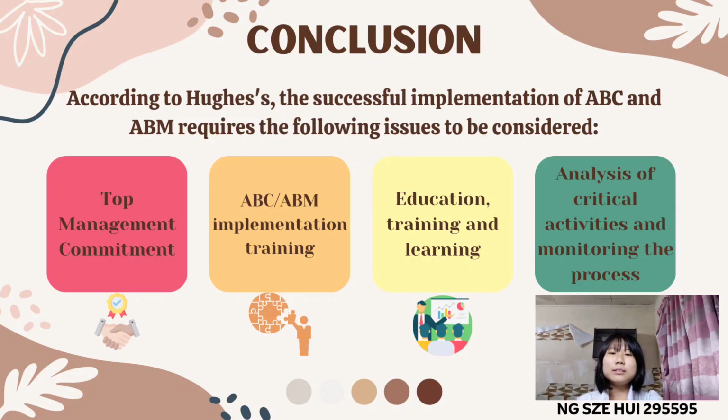Thirdly, education, training and learning highlighting the principles, capabilities, goals and objectives of ABC or ABM are required to be given to all employees. Last but not least, companies should do the analysis of activities and monitor the process when using ABC and ABM to ensure the results of implementation are rolled out into effective decision making.